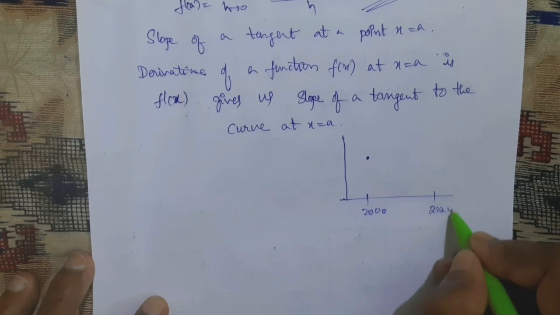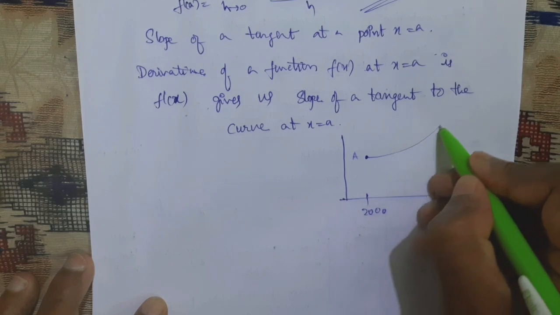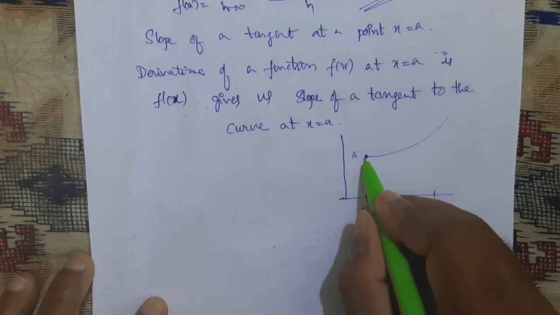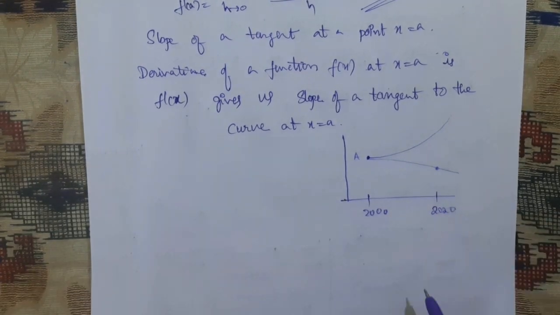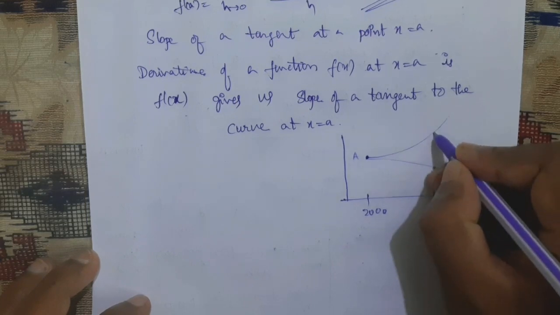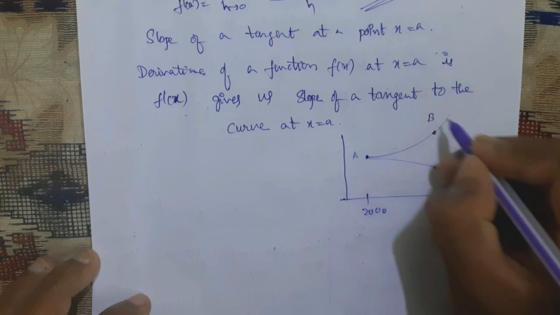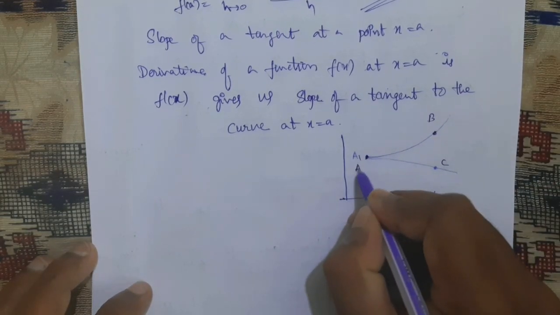After 20 years, this graph is showing like this for one company, and another company's graph is showing like this.